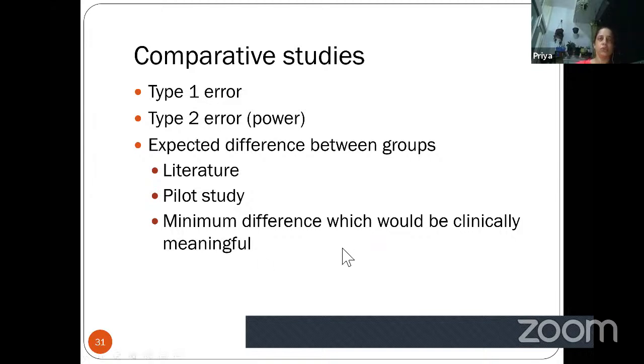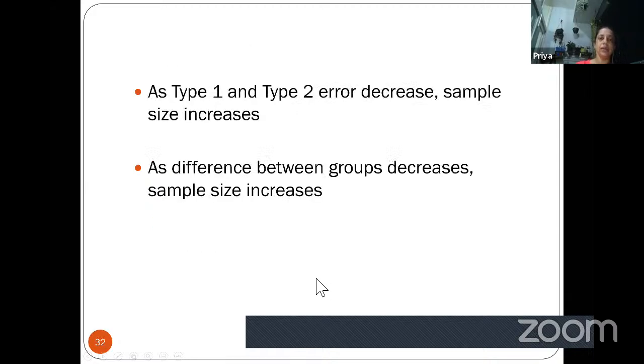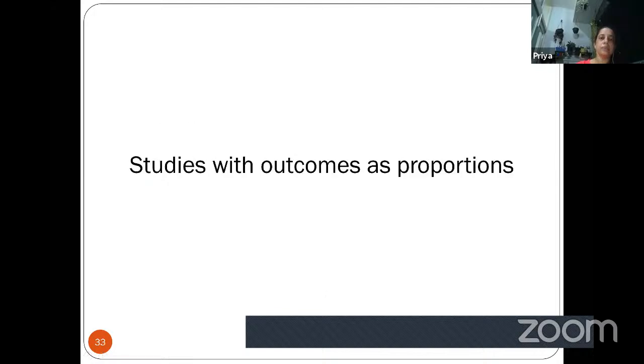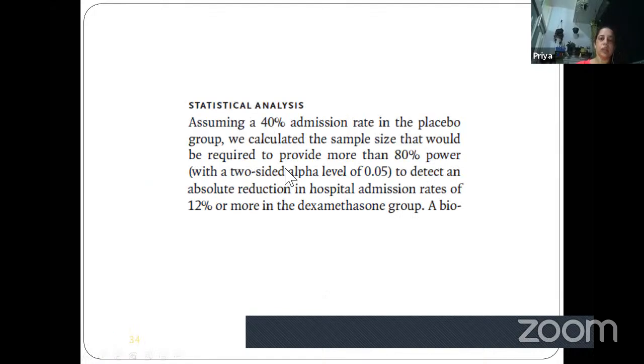The last thing you could do is, if you know your control arm figure, you could choose a difference which you think would be clinically meaningful. Okay, and that's what this study did. They assumed, from their hospital records, that there was a 40% admission rate in children with bronchiolitis.